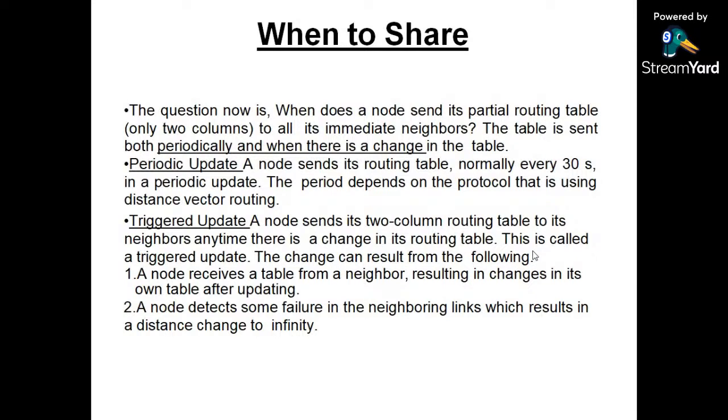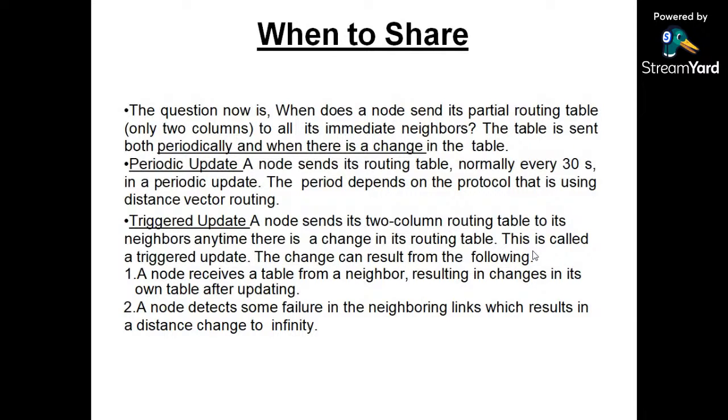Now, a triggered update: a node sends its two-column routing table to its neighbors anytime there is a change in its routing table. This is called a triggered update.